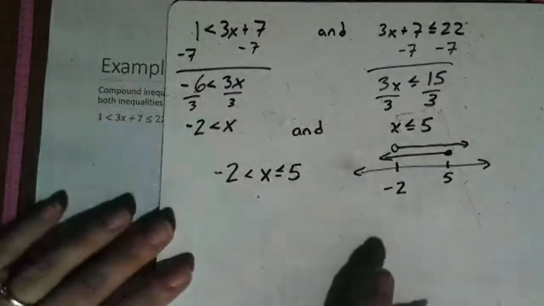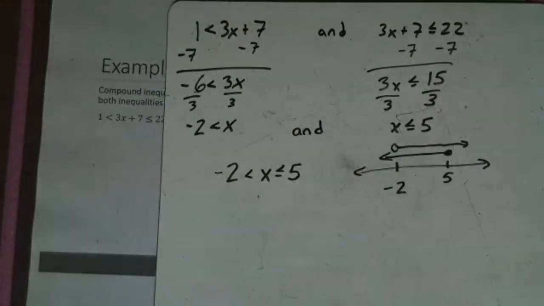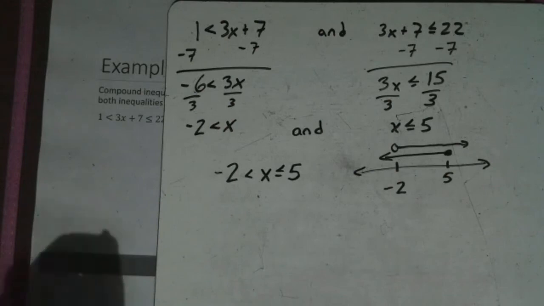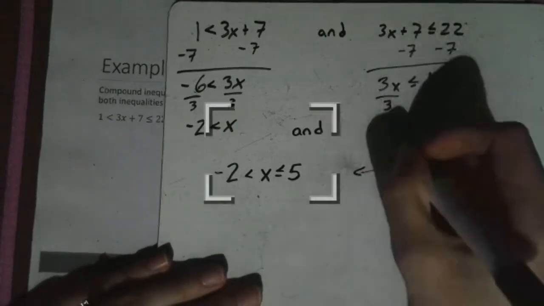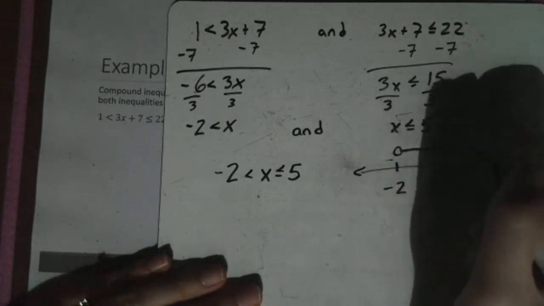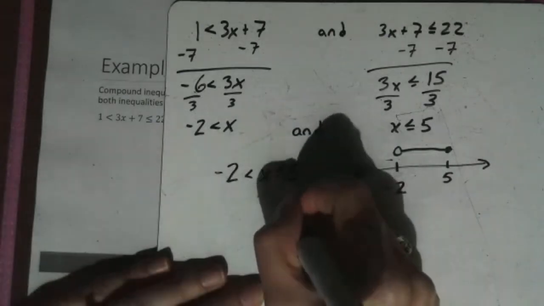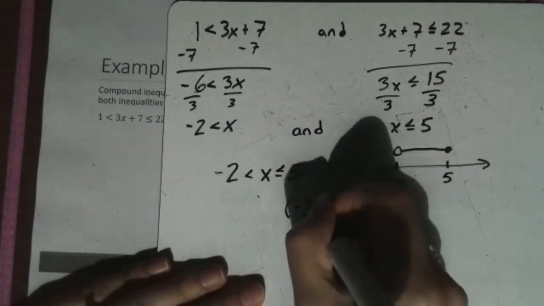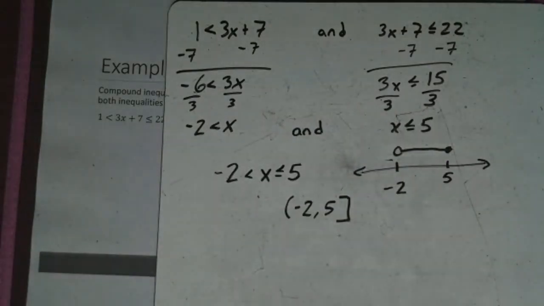If we want to be in both, we want to be between -2 and +5. So the graph for these put together is just going to be open circle at -2, closed circle at 5, and we want the ones in between. We would write this in interval notation as -2 to 5 with a square bracket. This tends to be the more logical way because students can really wrap their minds around it.